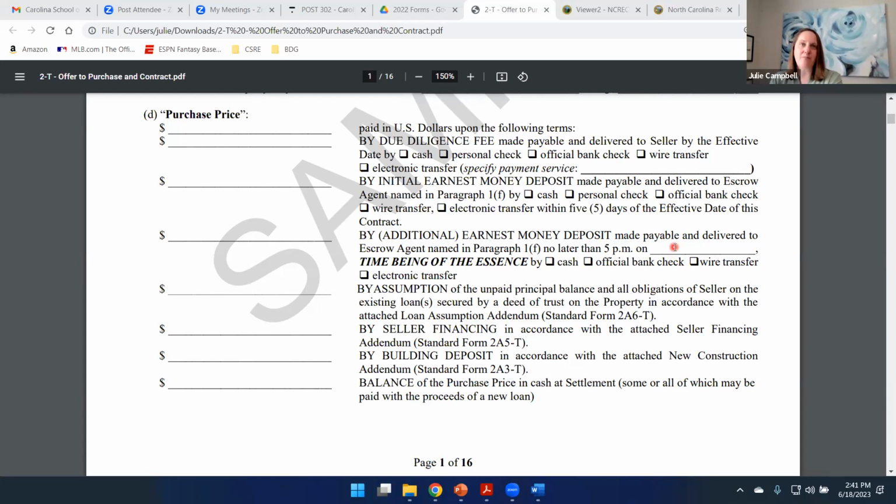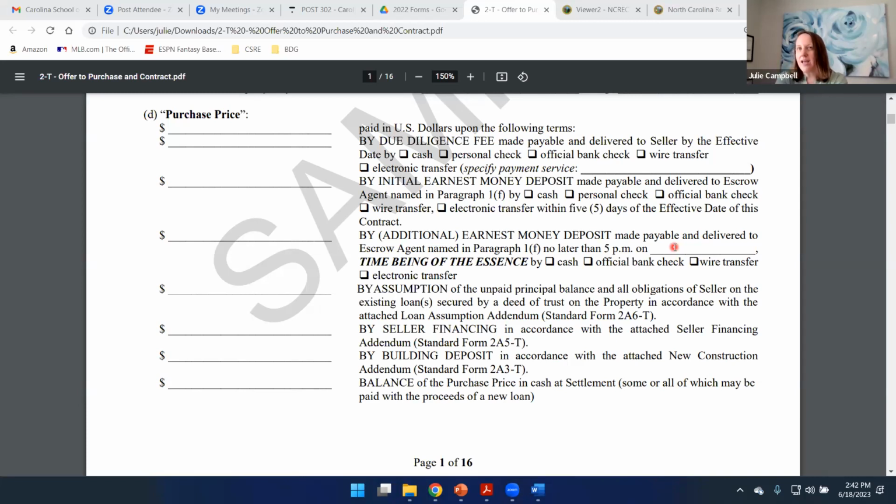So technically, the buyer's not losing any earnest money until after due diligence. So some agents will say, I'm not even going to have them put it in the escrow account with the escrow agent until we know we're going to get through due diligence. It's a matter of either putting it in and getting it back, or just not putting it in until it's due and the buyer's made the decision to go beyond due diligence.